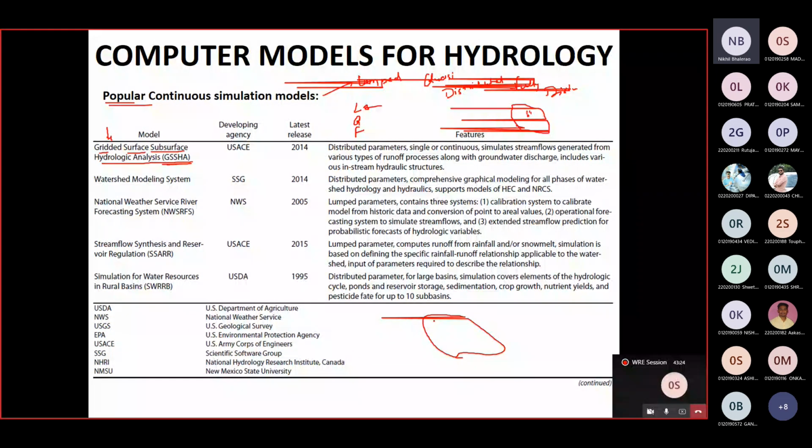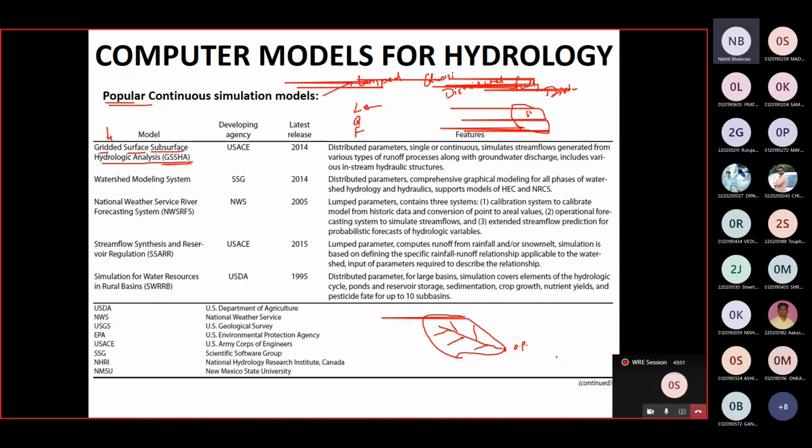That is considered a lumped parameter model. In this lumped model, if you have a river, when we carry out the study of runoff, it will be measured at the outlet point only. So that is the lumped parameter model, and the discharge is measured at a single point.